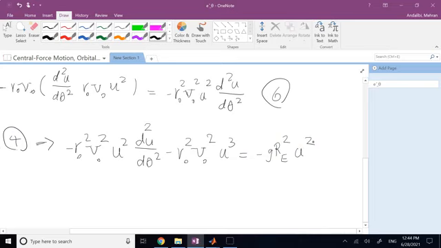And now what's the good thing? The good thing is I can get rid of u squared on each side. Why can I divide? Because u can never be 0. Because u is 1 over r, and r only needs to be infinite for u to be 0, which is not going to happen.